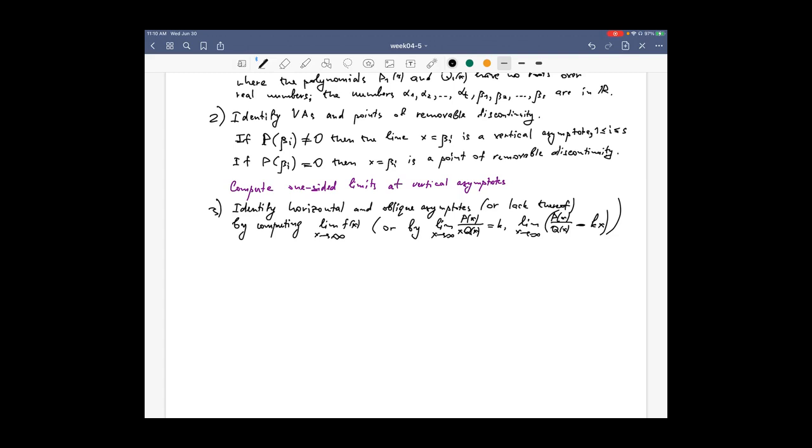An oblique asymptote occurs if and only if the degree of p is 1 greater than the degree of q.